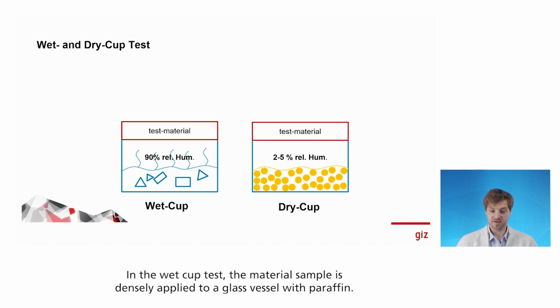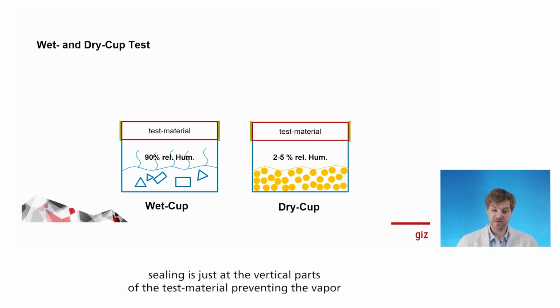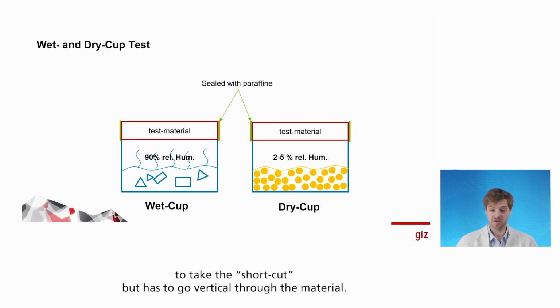In the wet cup test, the material sample is densely applied to a glass vessel with paraffin. The paraffin sealing is just at the vertical parts of the test material, preventing the vapor from taking the shortcut, but it has to go vertically through the material.